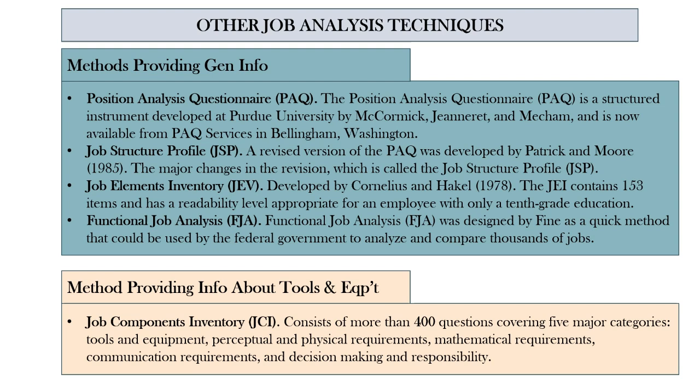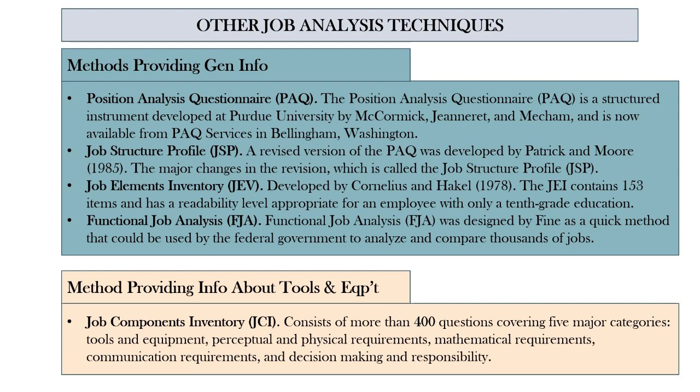We also have the JEI or the Job Elements Inventory, which was developed by Cornelius and Hakel in 1978. It contains 153 items and has a readability level appropriate for an employee with only a 10th grade education. So it is lowered to a level wherein a 10th grade finisher can comprehend.